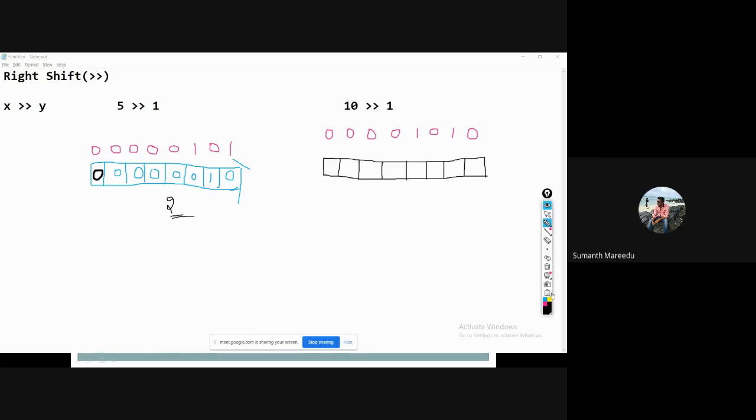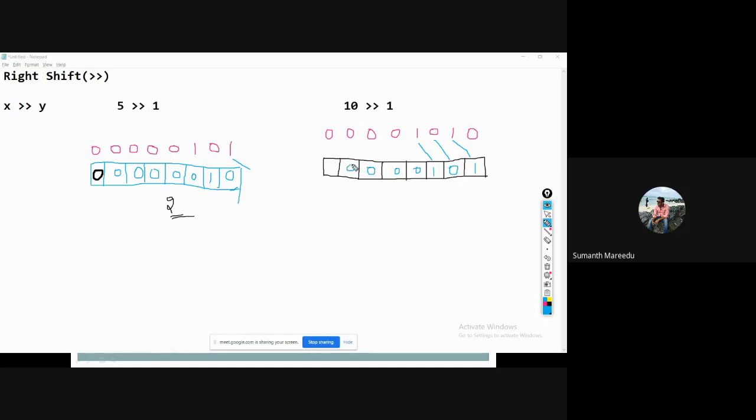So now what I'll do is I'll try to move them towards the right side. So this is filled here. That way I'll get 4 zeros here.